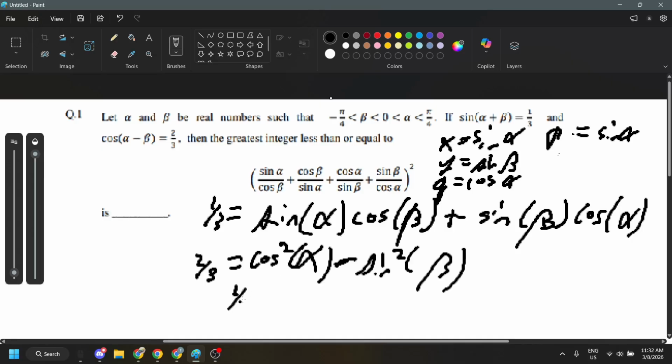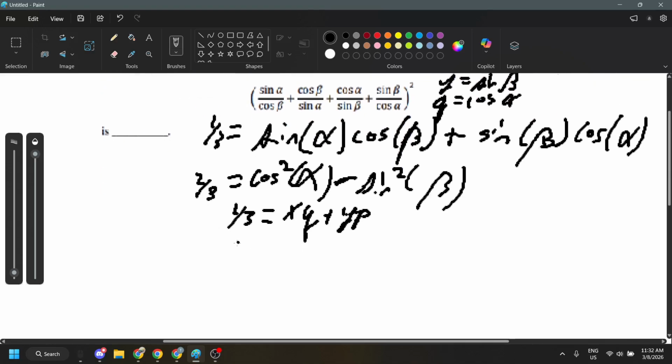So if we have 1/3 is equal to XQ plus YP, and 2/3 is equal to Q squared minus Y squared.